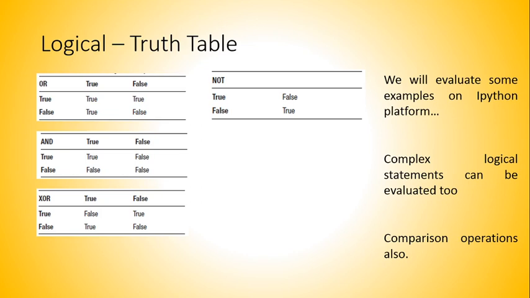The logical truth tables, as you know, for OR, AND, XOR, and NOT have been provided. We will evaluate some examples on the IPython platform. We will also evaluate complex logical statements and comparison operators. So let's start our coding session.